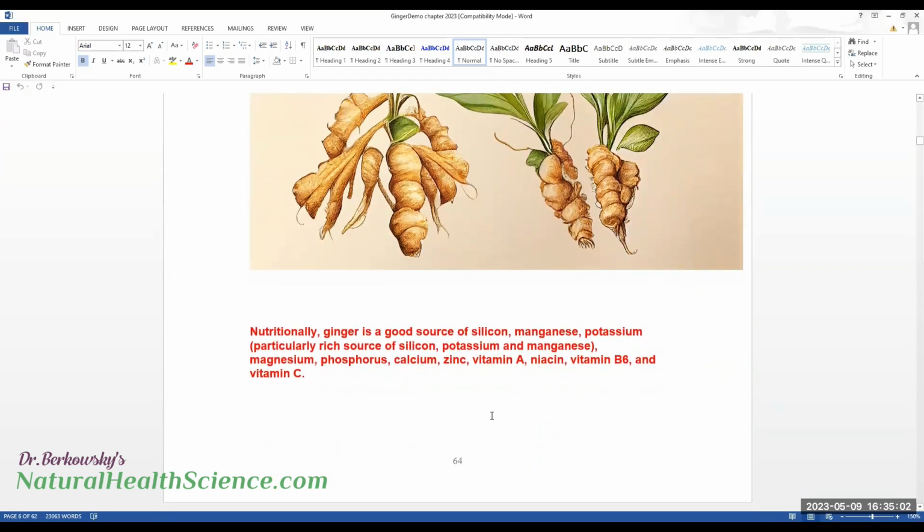Now, one of the things we know about ginger is that it's a rich source of nutrition. This rich source of nutrition, as opposed to some of the oils, which are not from edible parts of the plant, and are not particularly rich sources of nutrients. So there are some that are actually foods that are very rich in nutrients.